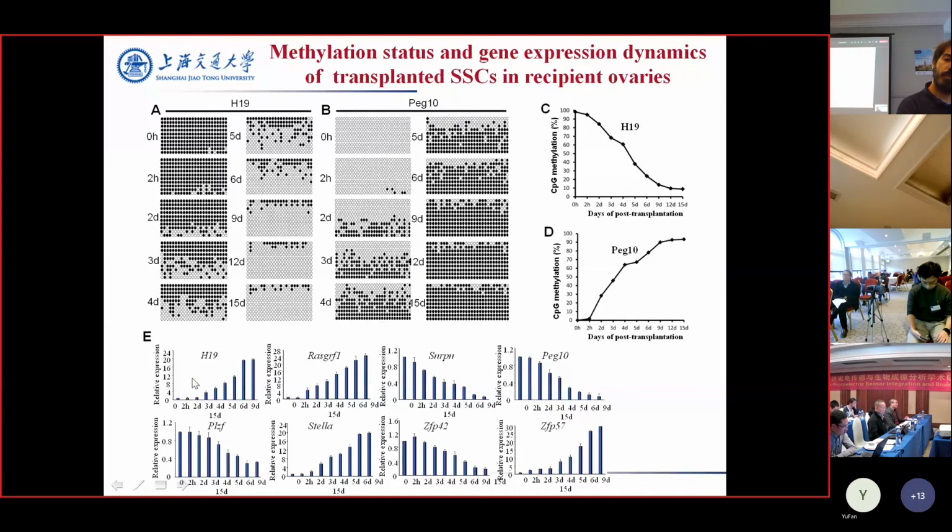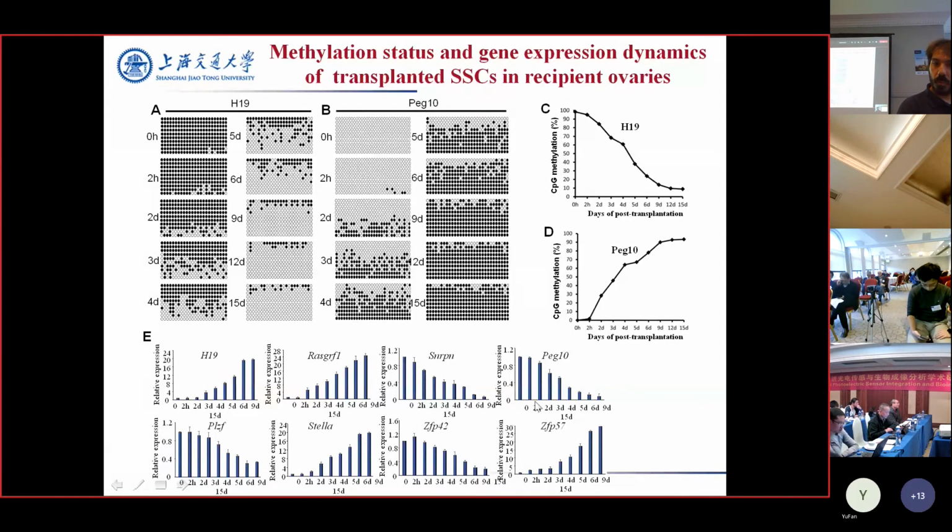Also for the imprinted genes and transcription factors, we can see H19 expression goes up and Peg10 goes down. For the transcription factor PLZF, a marker for spermatogonial stem cells, expression goes down little by little, and for the male germ cell marker Stella, it goes up little by little.